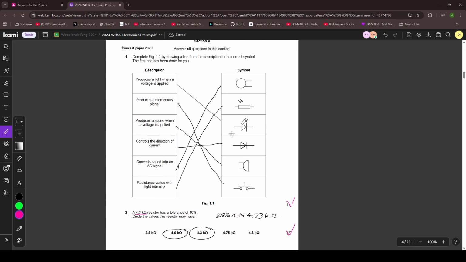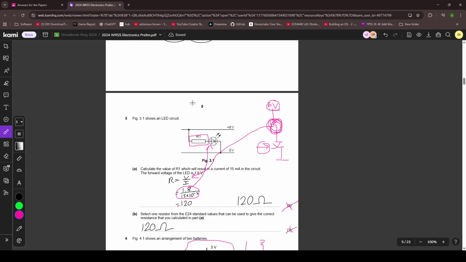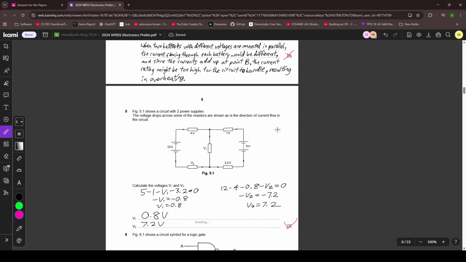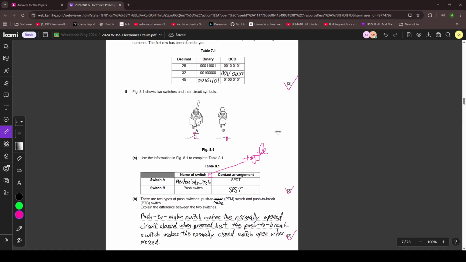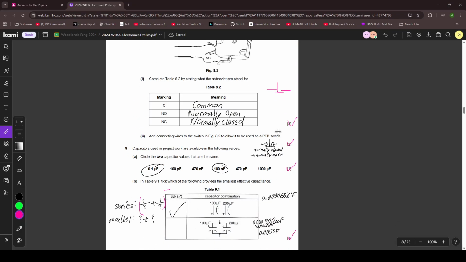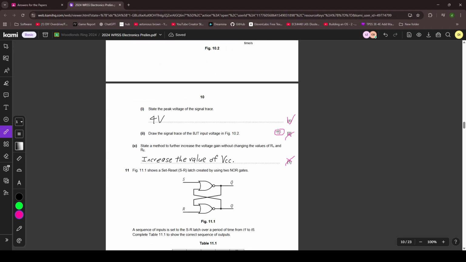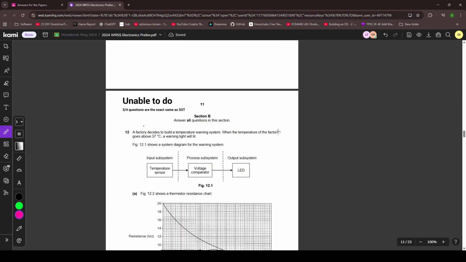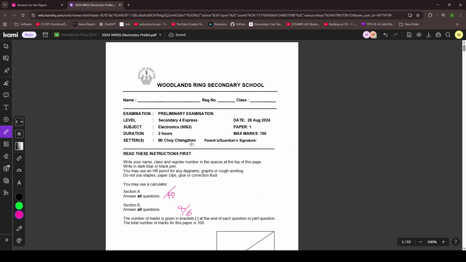So okay, let's do your marks up here. 5 plus 2 plus 2 plus 1 plus 2 plus 2 plus 2 plus 3 plus 2 plus 1 plus 1 plus 1 plus 3. So you get 27 out of 40.